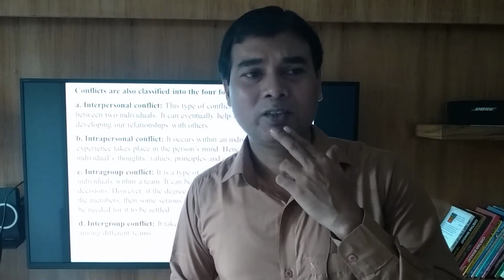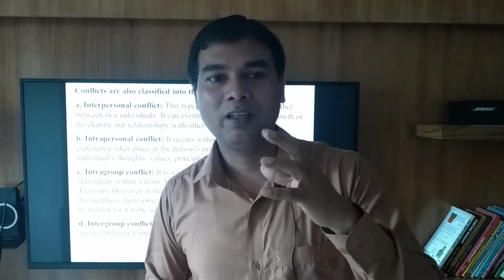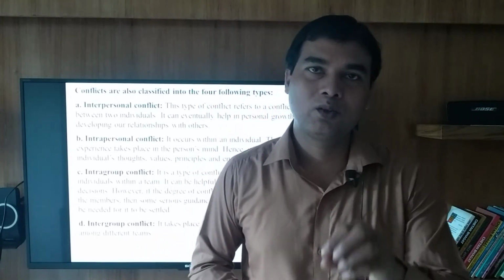And again, I have taken a decision that I shouldn't go out right now. But at the same time I am thinking that perhaps if I don't meet my friend, he might be hurt, he might be very unhappy. So now I am in a conflict whether or not I should go out to meet my friend.